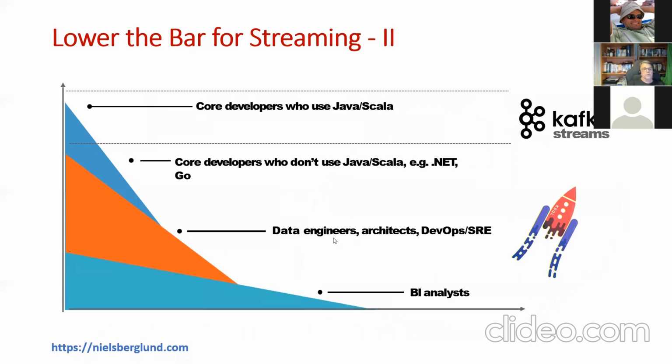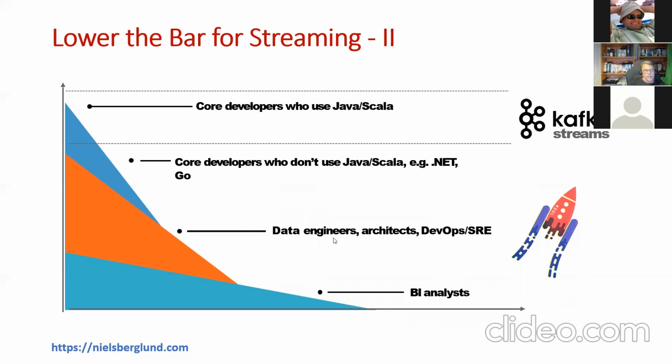So when we're saying that we lower the bar for streaming, we're seeing that Kafka Streams is for Java and Scala developers. For the rest of the world that don't use Java or Scala, that use .NET or Go, we can use ksqlDB.